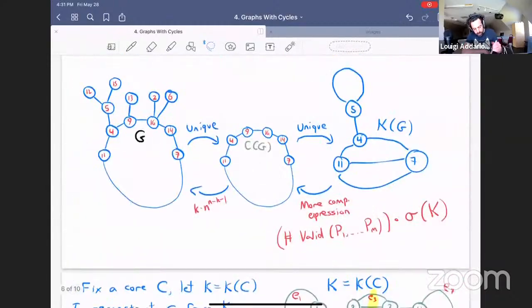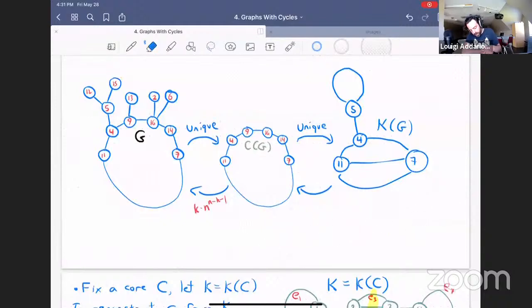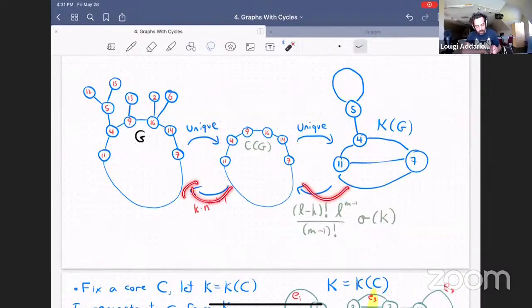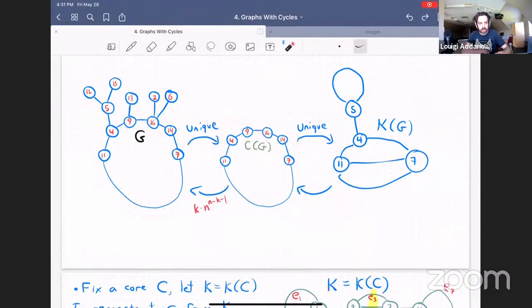In our reconstruction up here, where I wrote a more complicated expression, we can now say, well, it's more complicated, but it's basically this. And that gives us enough detailed combinatorial data that next class we can finish the probability and describe the global limit of a large random graph with a bounded surplus.